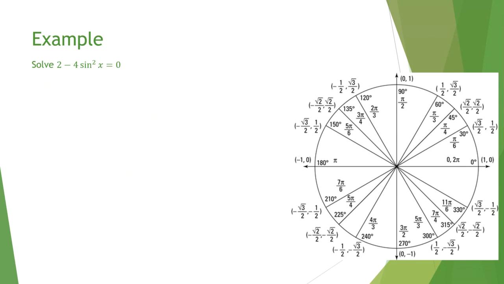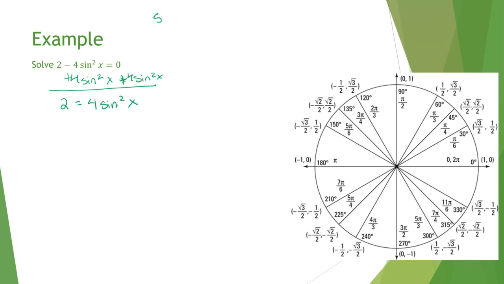Okay, now here's another one with sine. To solve this, you want to get your sine by itself. I like to deal with positive values, so I'm going to add 4 sine of x to both sides. This is going to give me 2 equals 4 sine squared x.